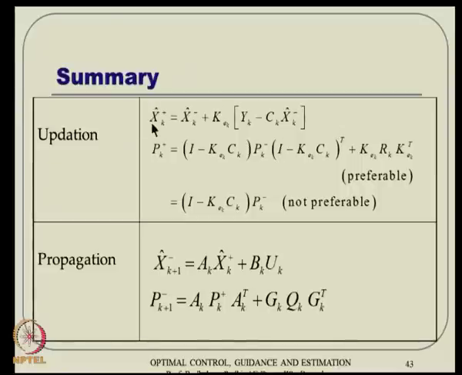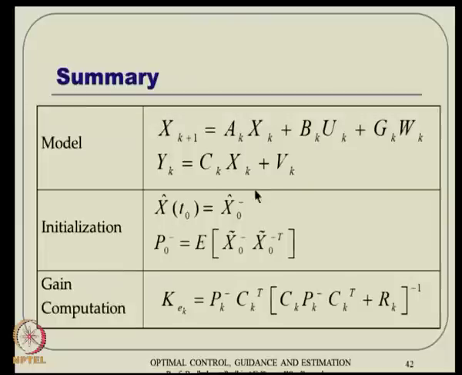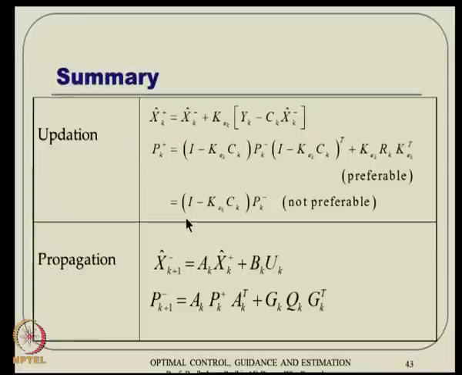We update the state values, and update the covariance matrix also, basically the error covariance matrix. So, this is initialization, this is gain computation at every step, and then this is the update equation. We update the states like this, and we update the covariance matrix also like this, and again this expression is preferable, this is not preferable.